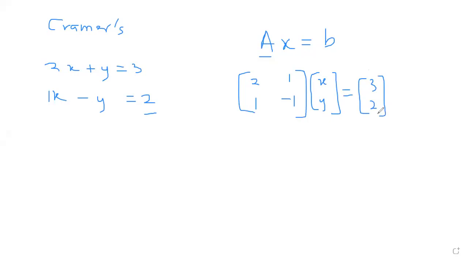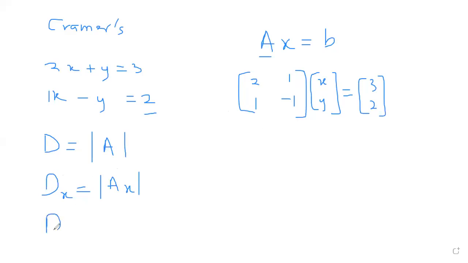Now this is what Cramer says. Cramer says that first find the determinant D, which is the determinant of the coefficient matrix A. Then second, you are going to find another determinant we call Dx, which is the determinant of the original coefficient matrix, but this time around you replace the x component with the solution.